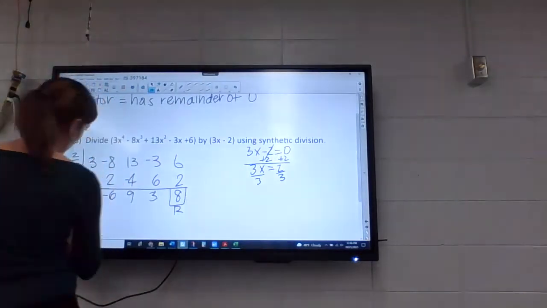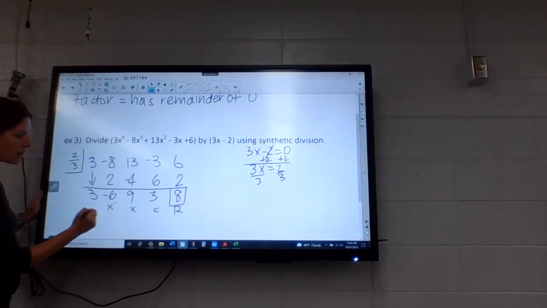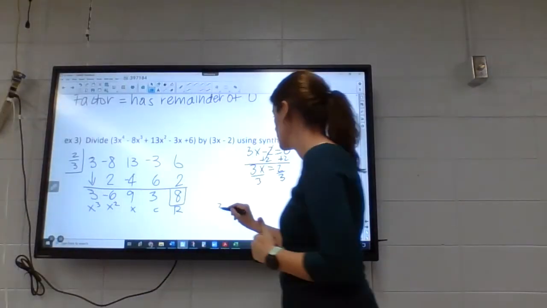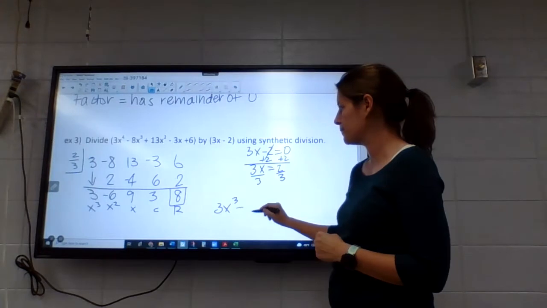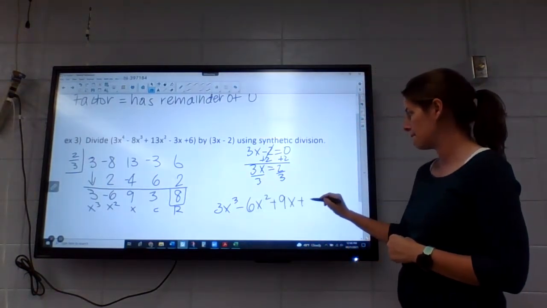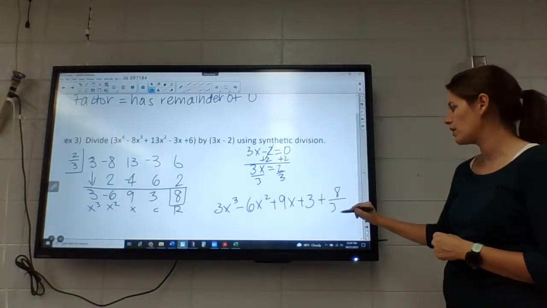Then we work our way the opposite way: this is the constant, this is x squared, x to the 3rd. So my solution for this, and then the remainder is 8, and that would just go over.